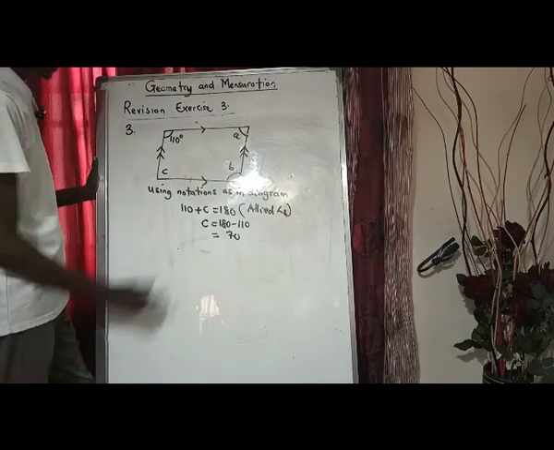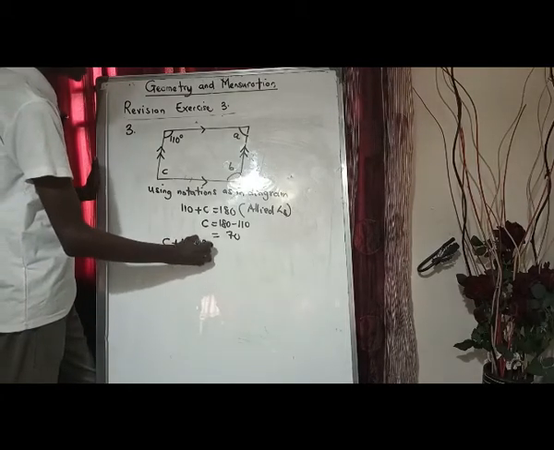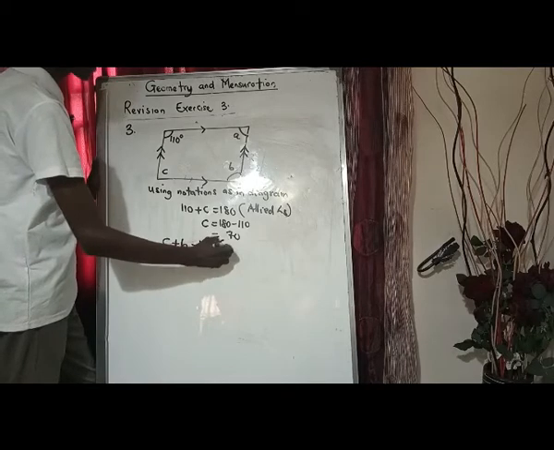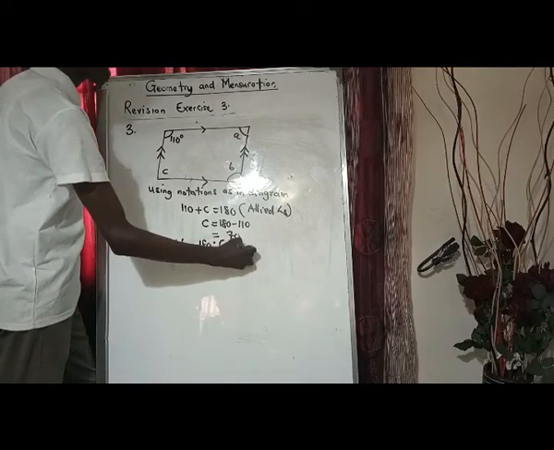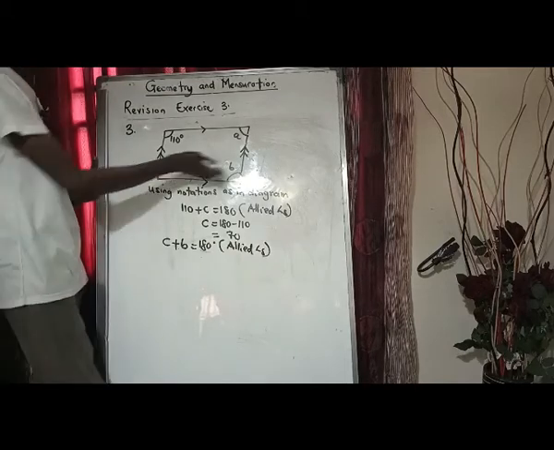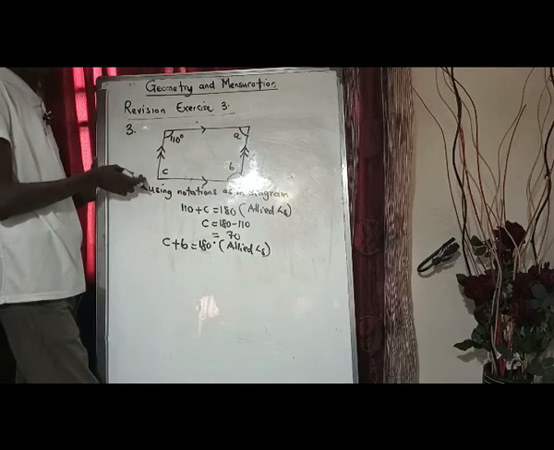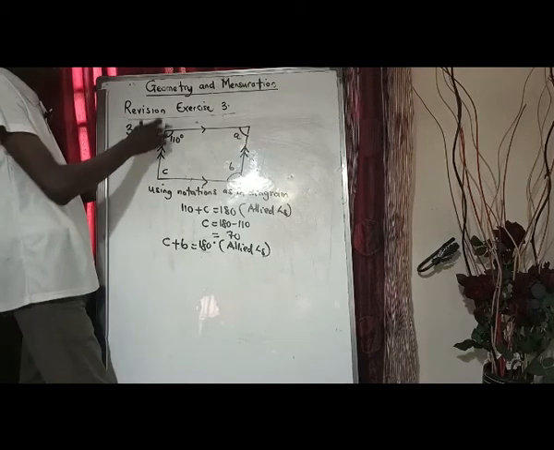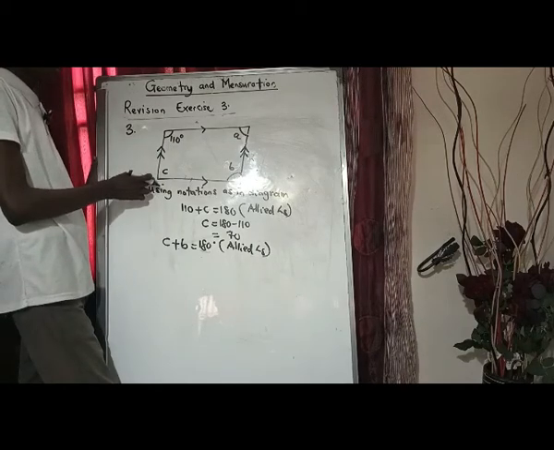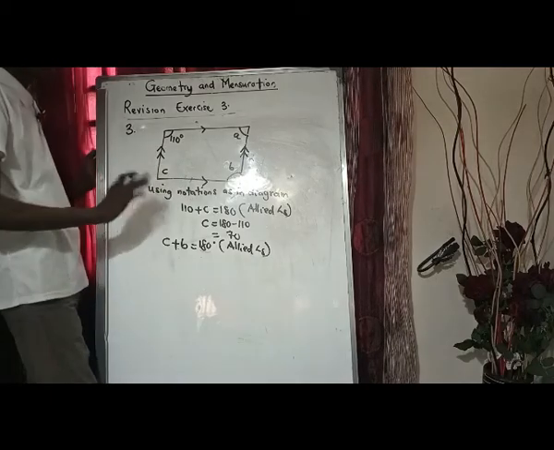With that same token, I can say that C plus B is equal to 180 degrees. What's the reason? Allied angles too. Because it's a parallelogram, if I'm considering these two angles, this is parallel to this, and this line becomes a transversal. So you need to take note of that.